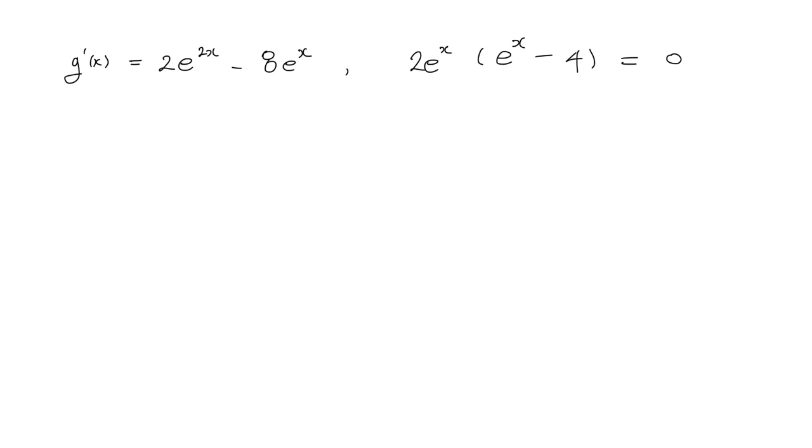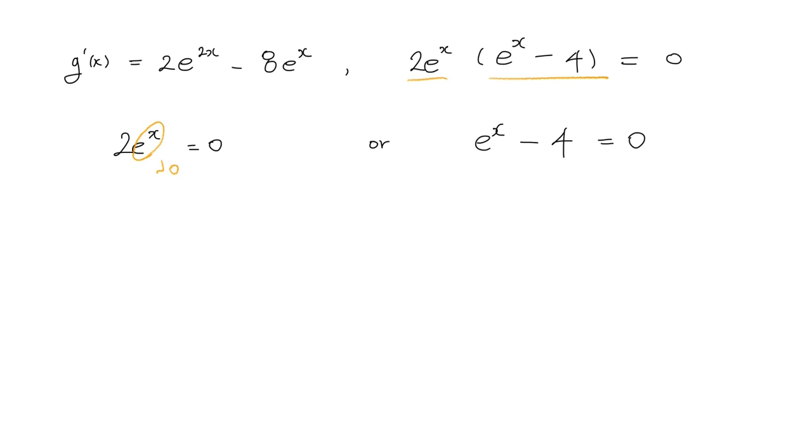According to the null factor law, for the product to be 0, at least one of those factors must be 0. So 2e to the x equals 0, or e to the x minus 4 equals 0. But an exponential function e to the x is always positive, so it never reaches 0.